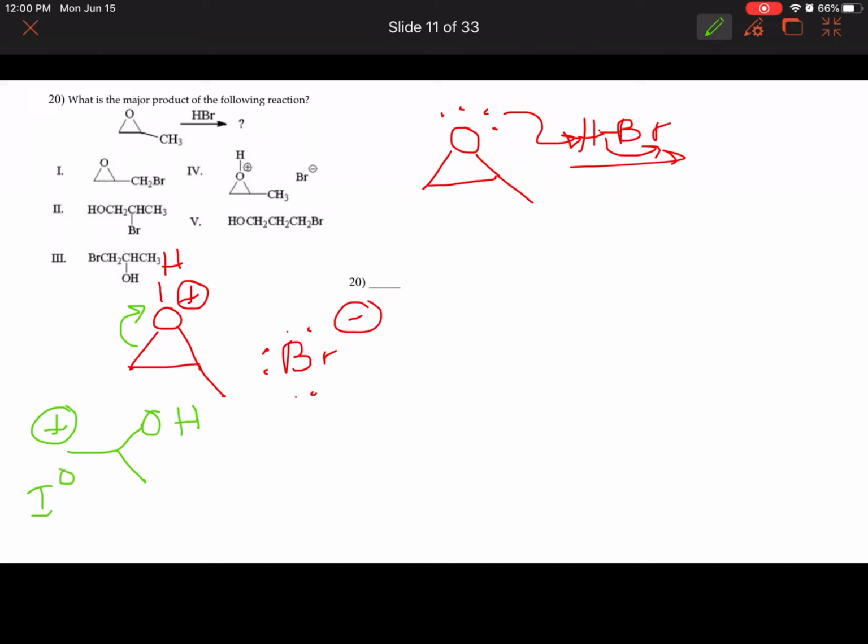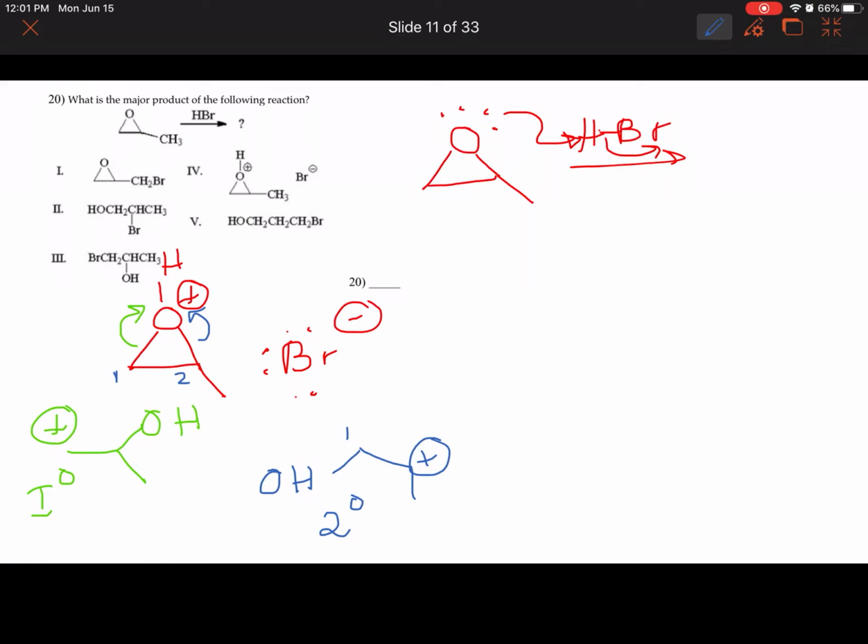So if it goes to the left side, or the epoxide opens from the left side, you will create a primary carbocation. And if the epoxide opens from the right side, where the carbon number 2 is, you will get a secondary carbocation. So which one is most stable? It's a secondary carbocation.